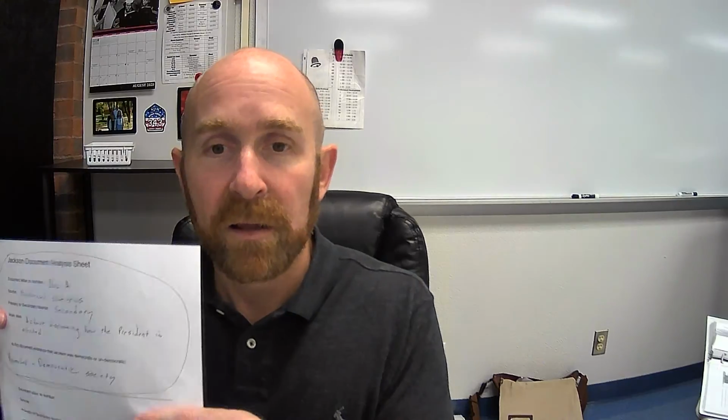Remember, there's no right or wrong answer. It's only going to be graded based on how you defend your argument. So I'm deciding to write this about how Andrew Jackson promoted democracy. I'm going to go in and circle all the documents that say Jackson promoted democracy, and those are the documents that I'm going to reference in my paper. I'll make a separate video on exactly how you're going to write the paper, but you're going to need to be able to cite sources.